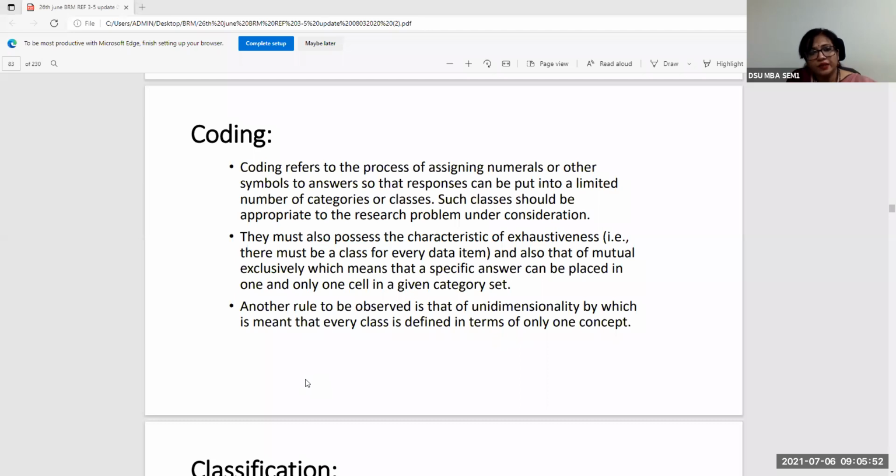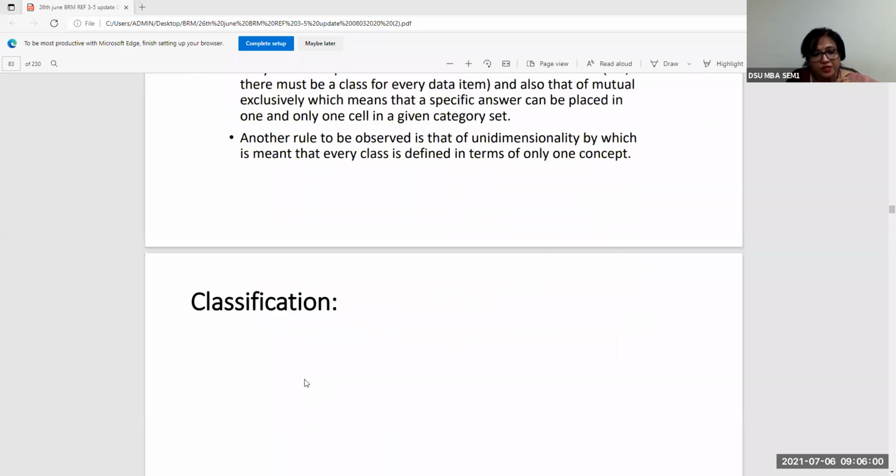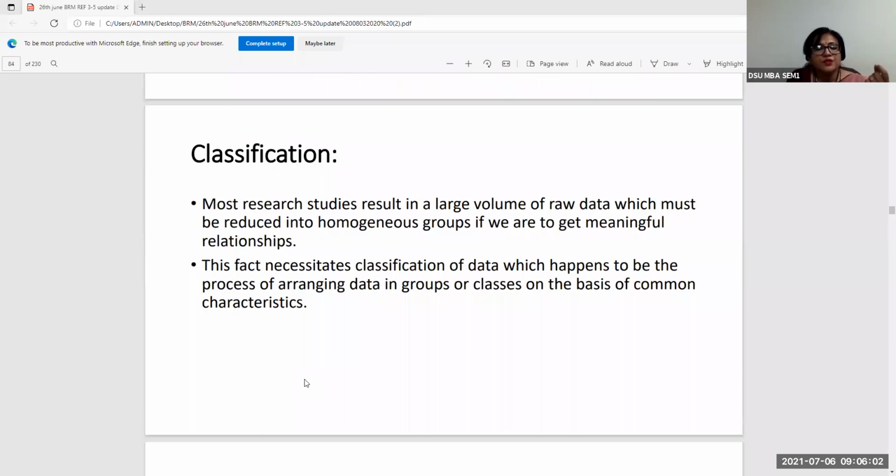This coding can be done prior to administering the questionnaire for the final survey. It helps ensure that you're able to put the responses into some meaningful form, which can subsequently be fed into analytical software for analysis.